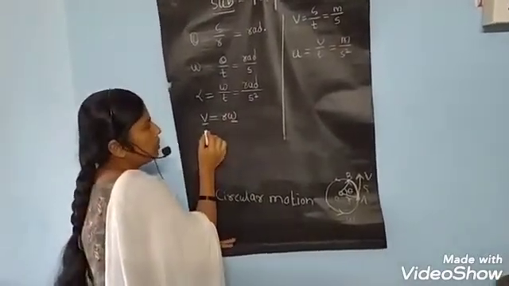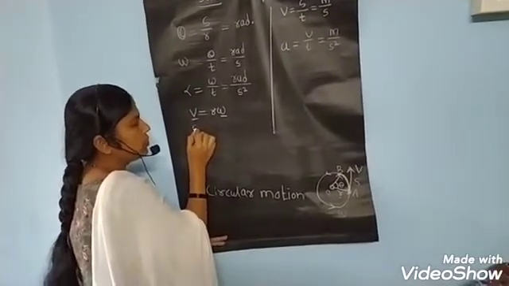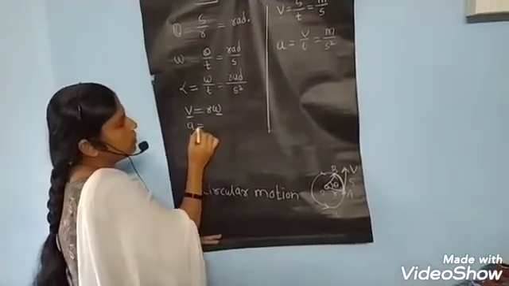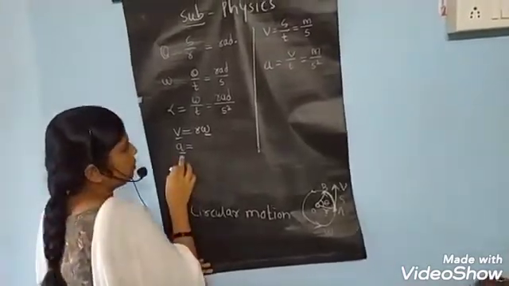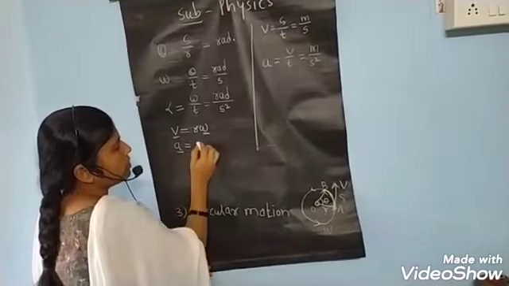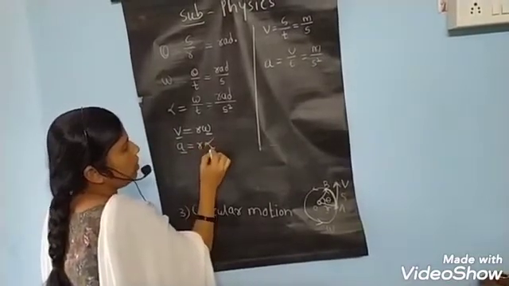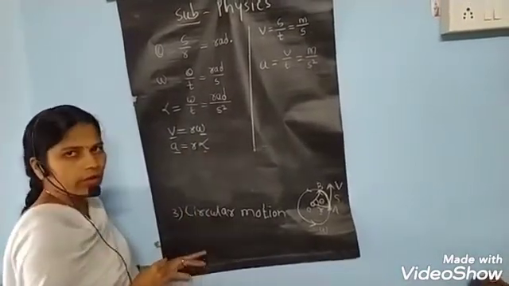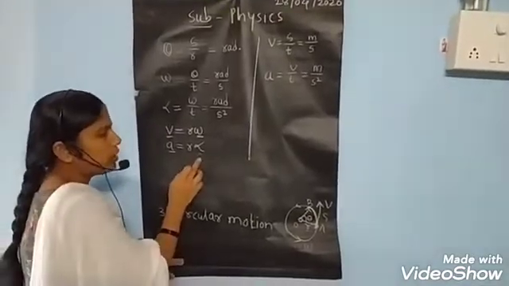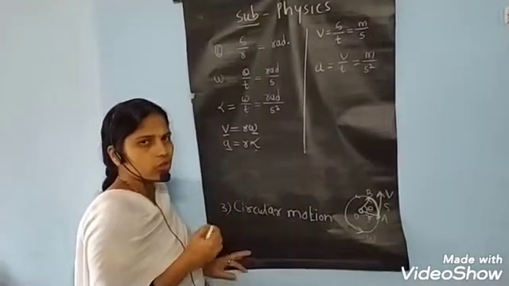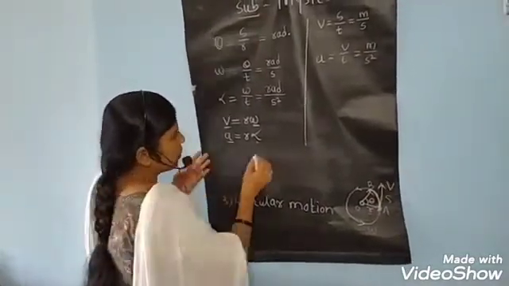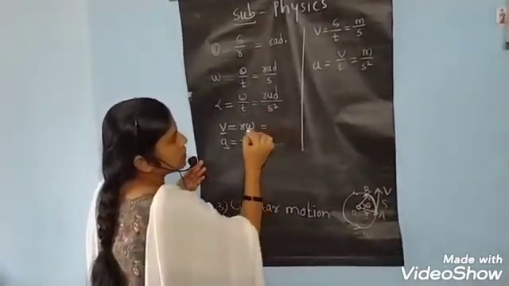Now the relation between linear acceleration and angular acceleration is given by a is equal to r alpha, where alpha is the angular acceleration. Alpha is given by omega upon t, so we can write the equation in different forms also.